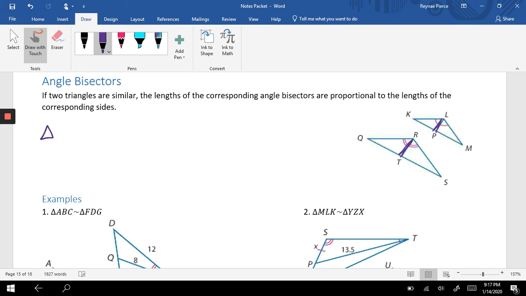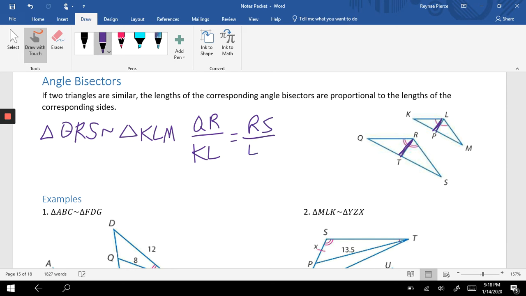As long as two triangles are similar, so here we have triangle QRS similar to triangle KLM, then that ratio that we write those side lengths in, QR to KL, RS to LM, and QS to KM, we can now include those angle bisectors.